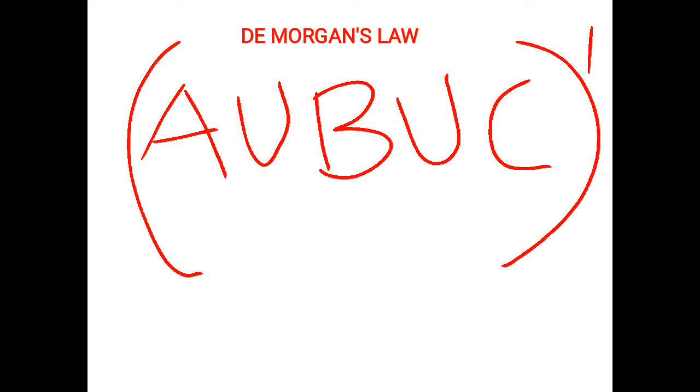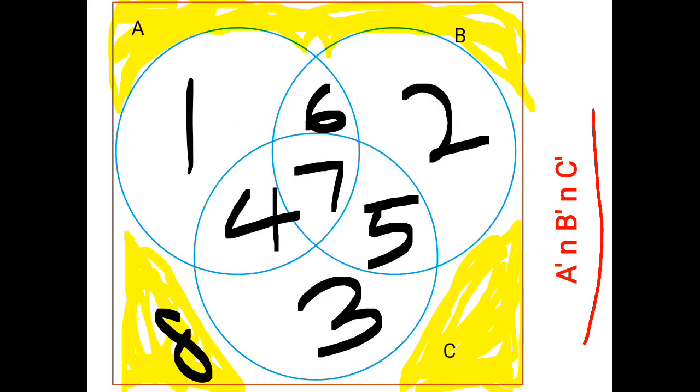If we want to make it intersection, it is A complement intersection B complement intersection C complement, representing those outside region 8. So if you want to use the complement individually, A will get its own complement, B will get its own complement, C will get its own complement. Then we use intersection. Whenever we are using intersection, each letter should get its complement.